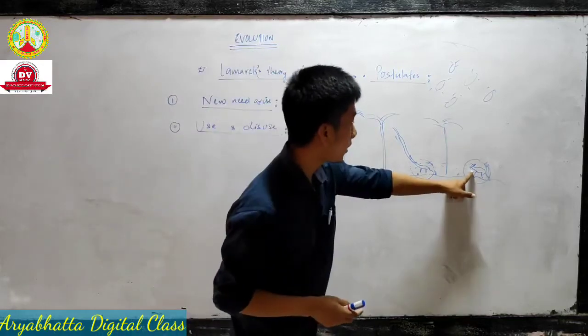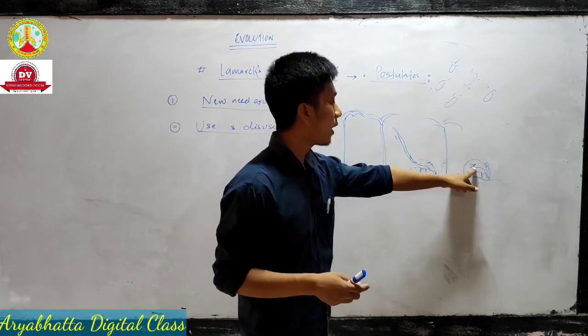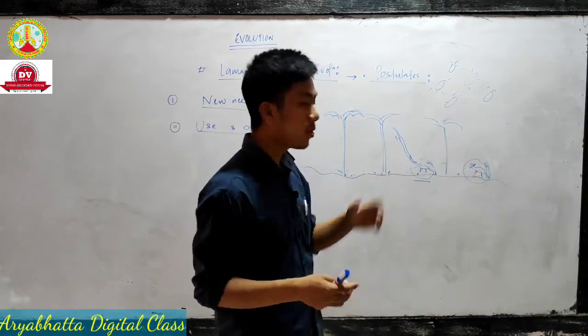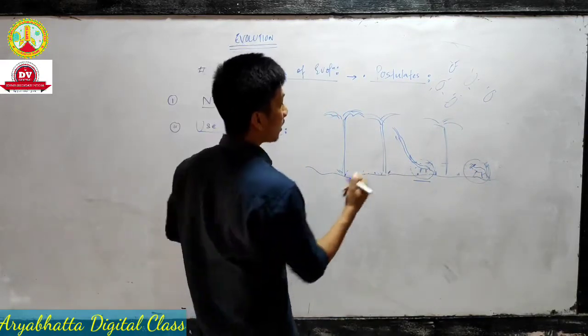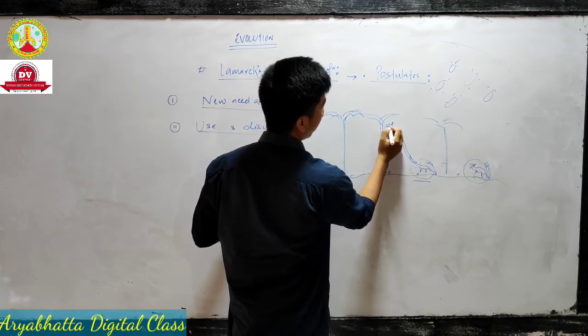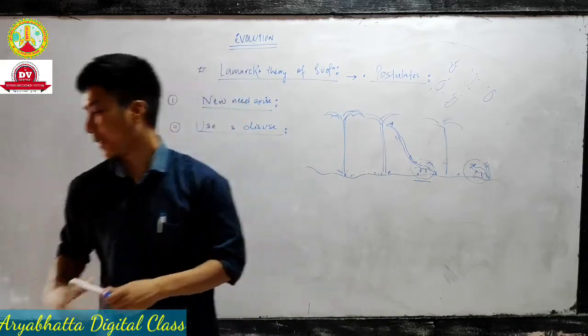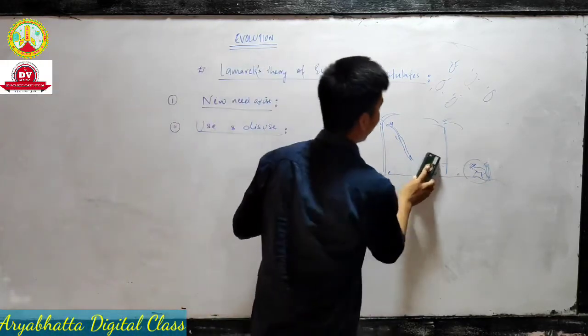So from the original shape of the neck, it becomes like this now. This organ becomes disused and this organ becomes used. Why? Due to the change in environmental condition, now they had to feed on tall trees.